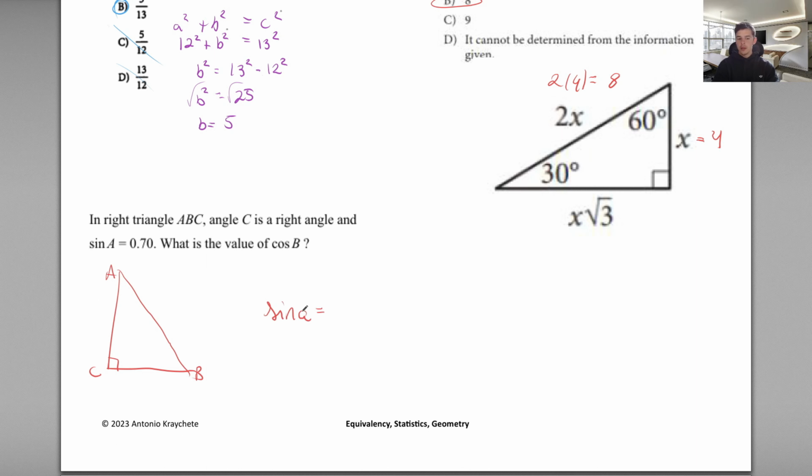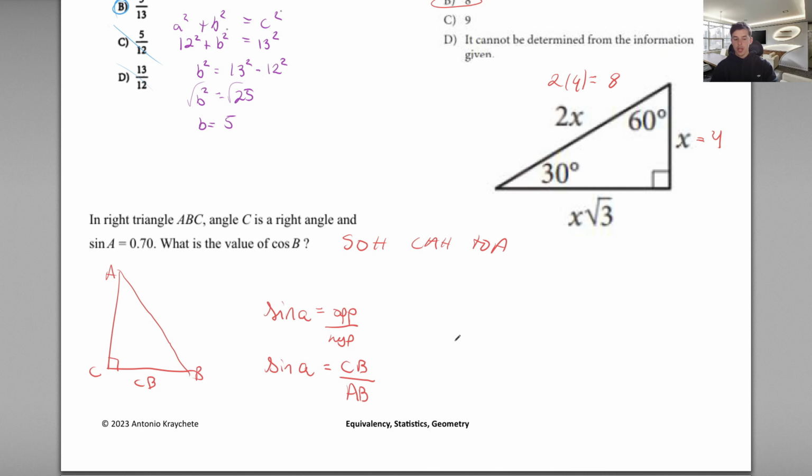And the sine of A, using Soh Cah Toa, is the opposite side over the hypotenuse. So the sine of A equals the opposite, which is CB, right? So CB divided by the hypotenuse, which is AB.